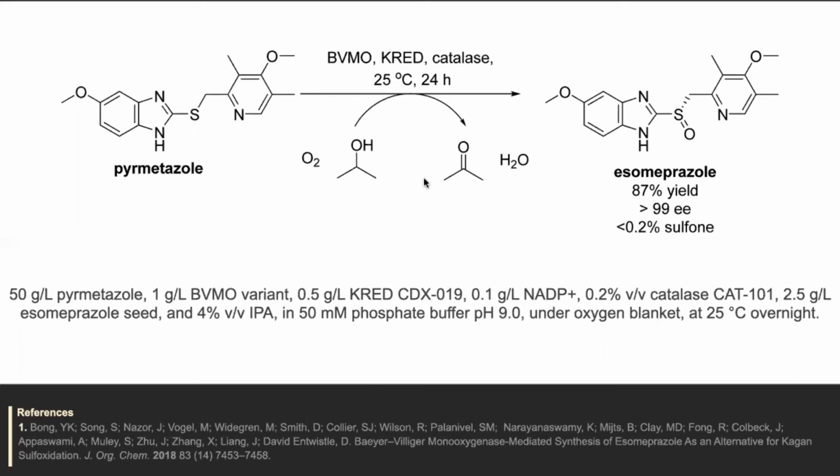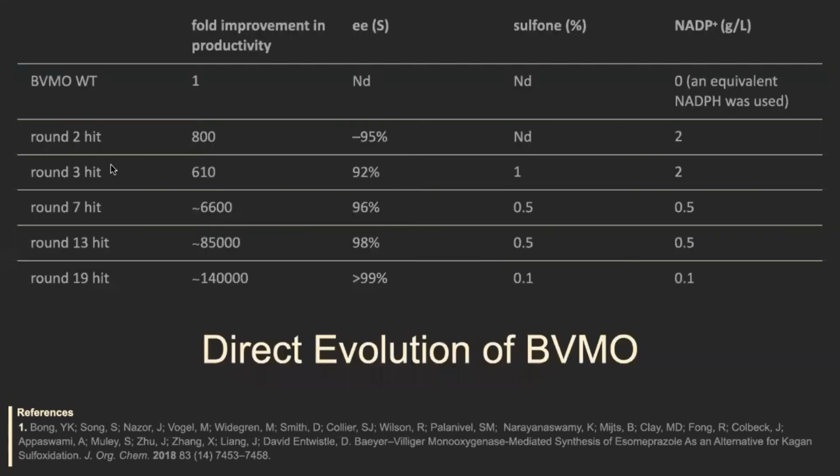So what they observed was that there was a wild type BVMO that had some kind of activity with the desired substrate, and then they went through several rounds of directed evolution, creating a very vast number of variants to improve the reaction.